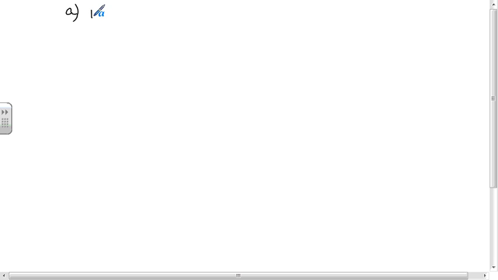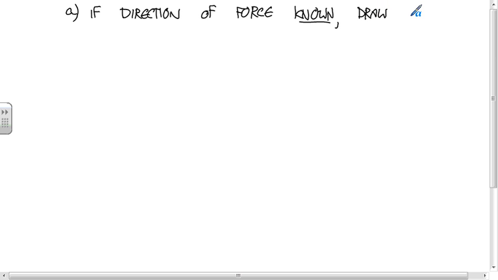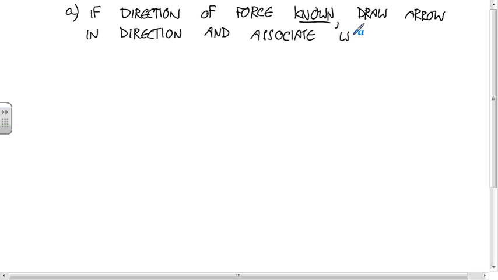So first, if the direction of the force is known, then draw an arrow in that direction and associate that arrow with a scalar value.